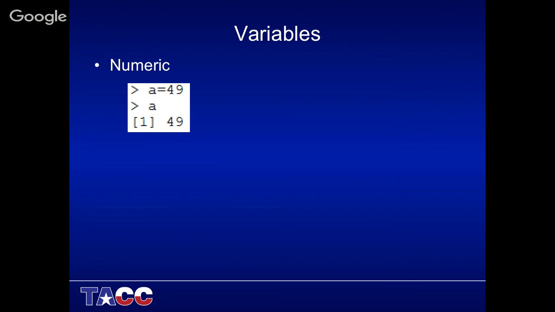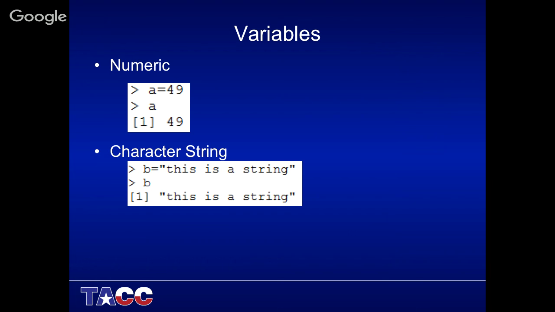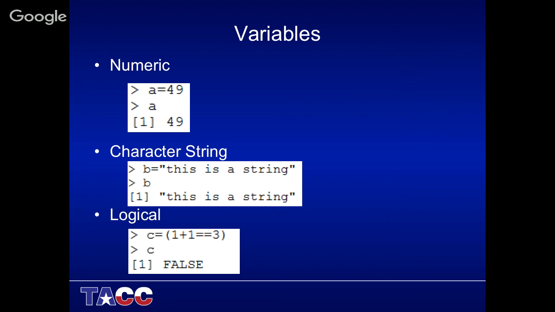You don't have to declare a type, so it's dynamically typed. It would assign the variable based on the type you gave it. So if you give it a string, you would just assign it this way, and it would store it as a string. Another variable type is a logical, which is basically a true or false, and you could store the result of any conditional expression.